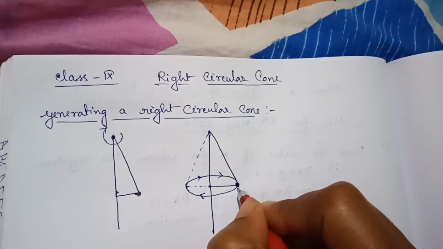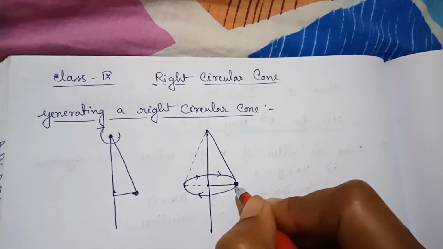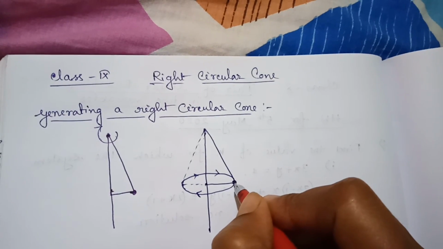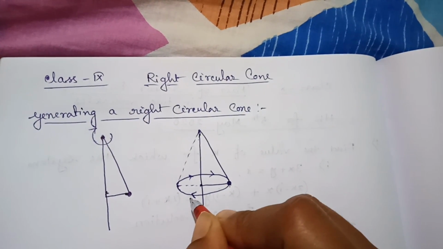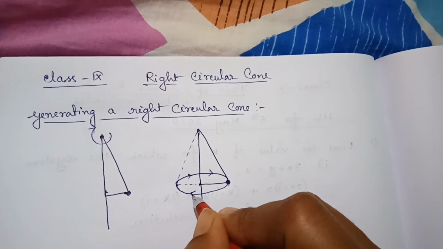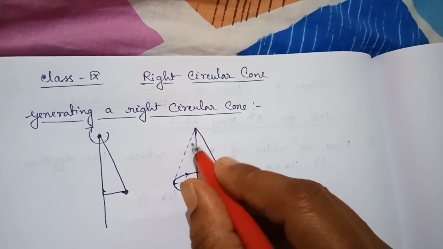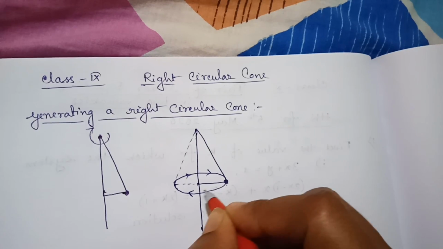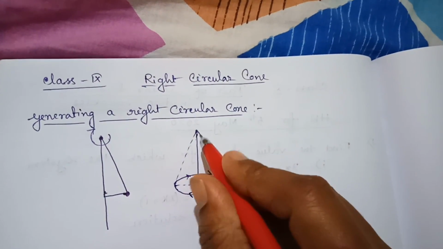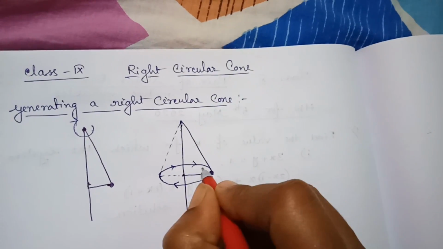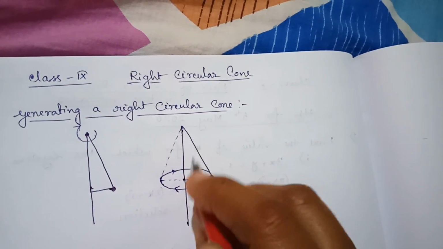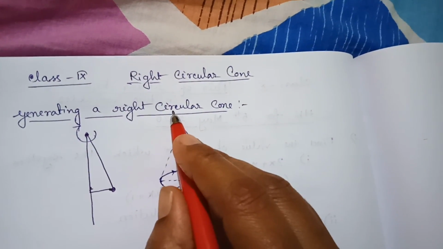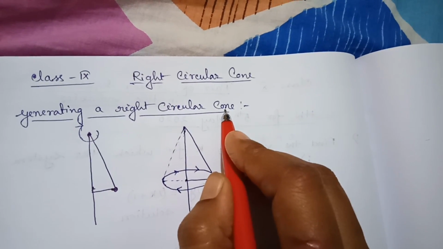Starting and ending point will be the same. For that reason, we will get the circular part in the bottom and a pyramid like structure, and the base is circular, that's why it is called circular cone.